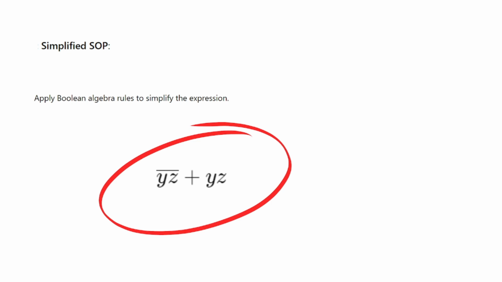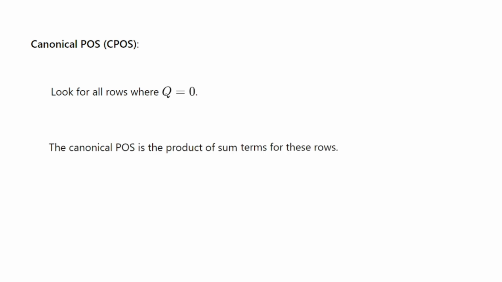After that, we are moving toward the simplified SOP. So we are going to apply the Boolean algebra rules to simplify the expression. After solving this, it will give Y Z naught plus Y Z. After that, we are going to find out the CPOS. Here we'll be looking at Q is equal to 0 for all the rows.